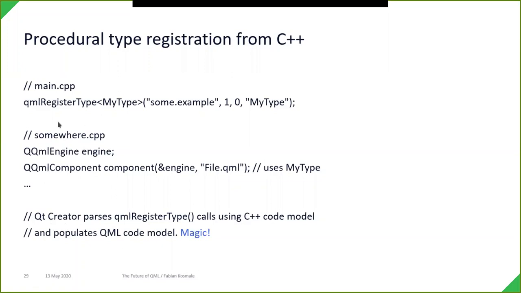So you call QML register type, pass that class as a template parameter, provide the URL, the major version, minor version, and the name of the element. And then you can use it in your QML.